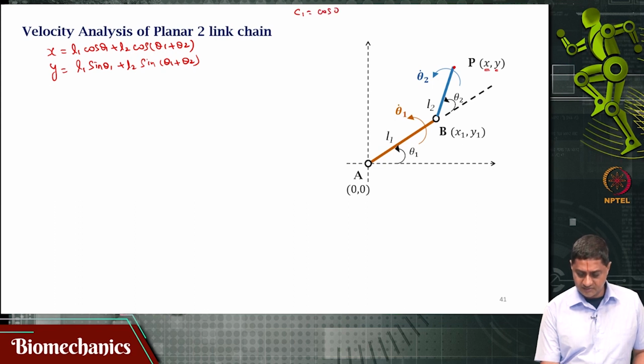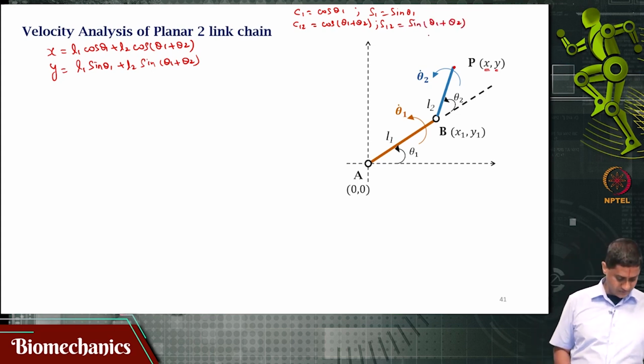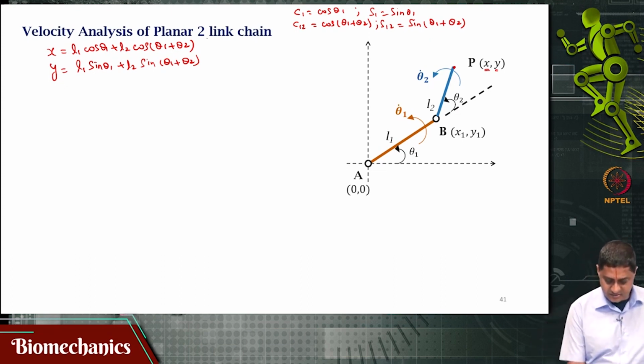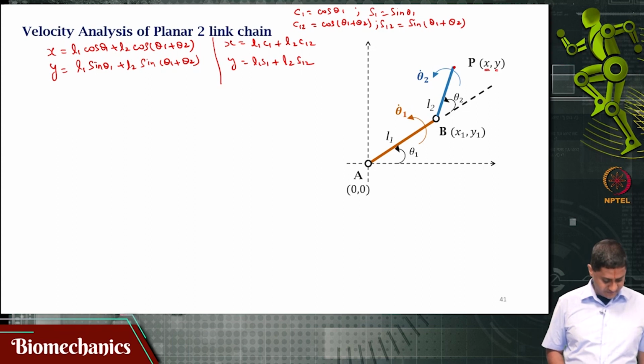C1 is cos theta 1, S1 is sin theta 1, C12 is cos of theta 1 plus theta 2, S12 is sin of theta 1 plus theta 2. Okay. So, essentially rewriting this one more time, x is L1 C1 plus L2 C12, y is L1 S1 plus L2 S12. This is what we have. Okay. Now, what do I do?